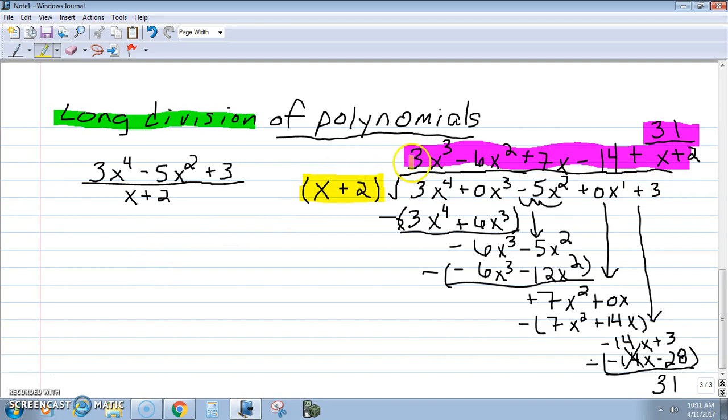So these two, the pink and the yellow, are factors of 3x to the fourth plus 0x cubed minus 5x squared plus 0x to the first power plus 3, but you can take out those placeholders. But these are saying the same thing, right? 3x to the fourth minus 5x squared plus 3 divided by x plus 2 is the same as my pink answer. Okay, those two things are the same as my pink answer.